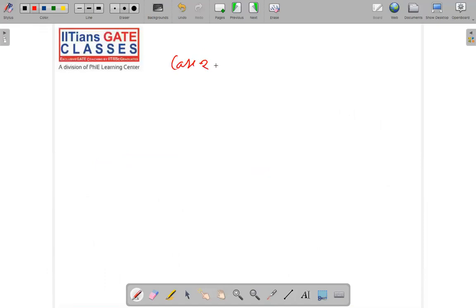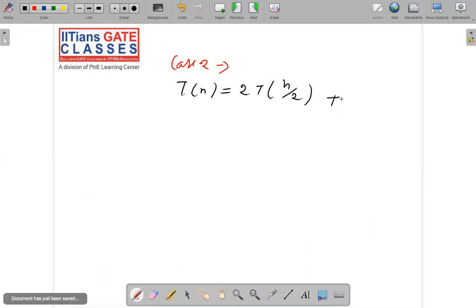Case 2 example. The example of case 2 is T(n) equal to 2T(n/2) plus n squared.